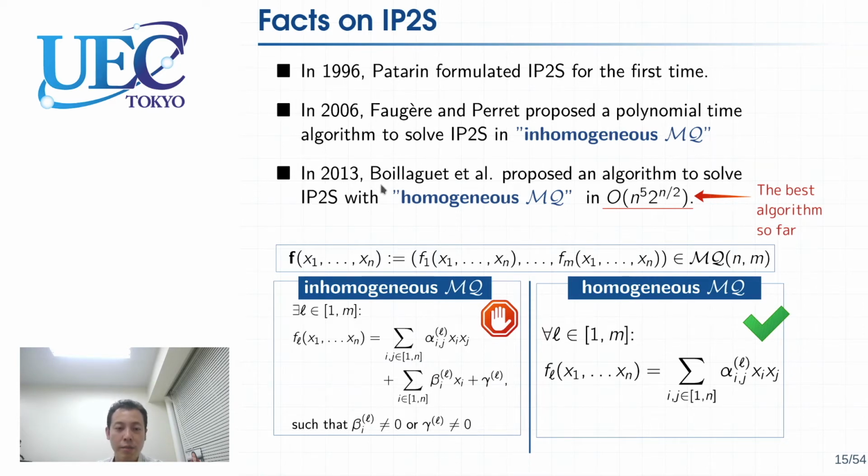In 2013, Bouillaguet et al. proposed another algorithm to solve IP2S with homogeneous MQ in exponential time. Homogeneous MQ means that all polynomial functions in F only have degree 2 coefficients. So this is the best result for solving IP2S in homogeneous MQ.